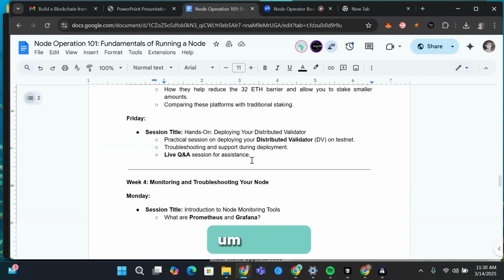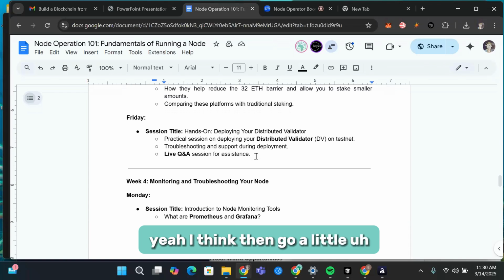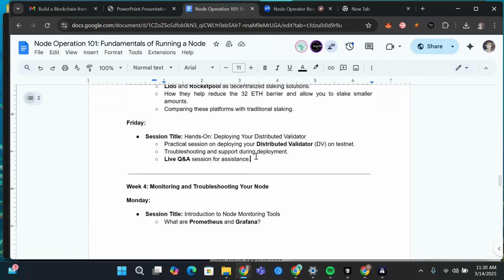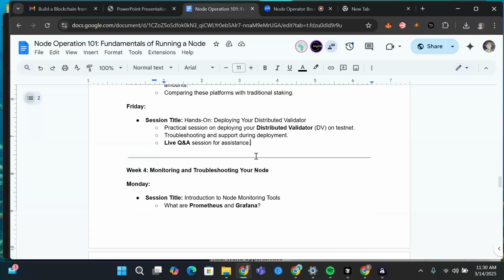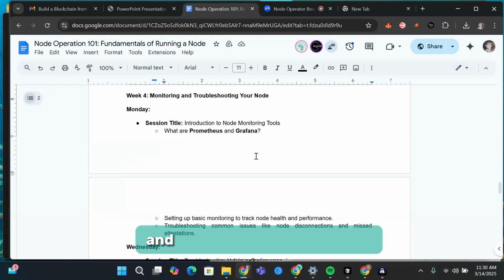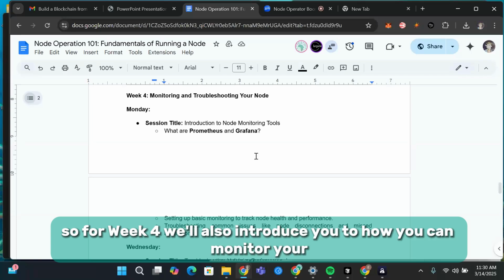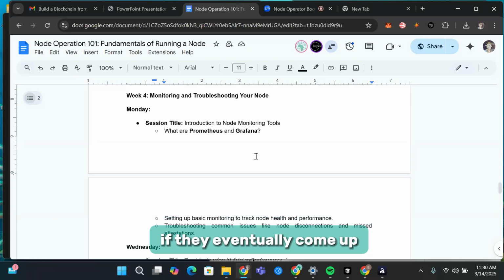Then I think we go a little into a practical session from here. Basically, we show you how you can deploy your DVT, and then for week 4 we'll also introduce you to how you can monitor your nodes, and how you can troubleshoot some issues if they eventually come up.